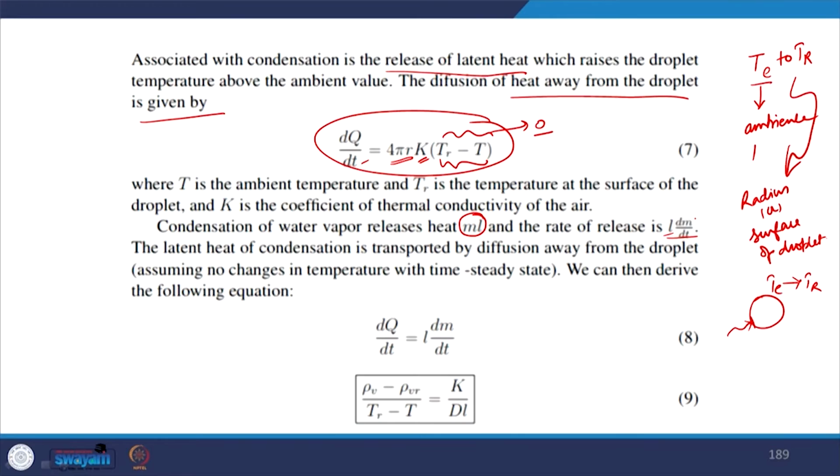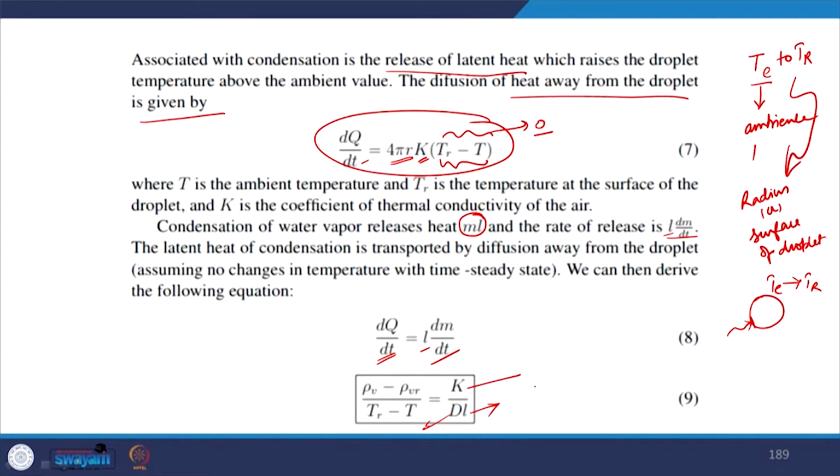Assuming that there are no changes in temperature with steady state, we can simply derive these two equations. So, this is of course the rate of heat that is being conducted or released from the droplet, which is L dm by dt. If you substitute this, we can simply say that the density of the vapor minus the density of vapor at the radius, divided by T r minus T, is the coefficient of thermal conductivity, this is the coefficient of diffusion and this is the latent heat.